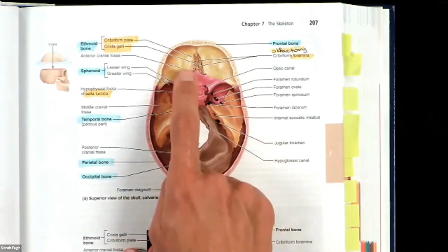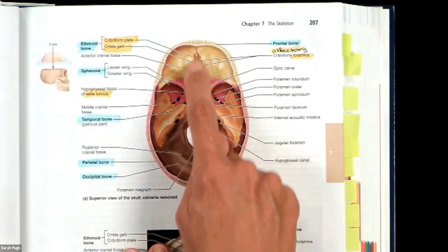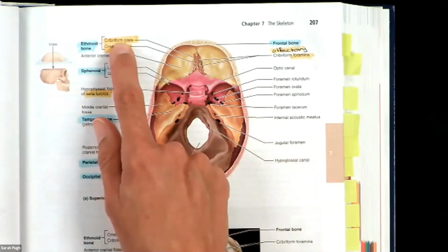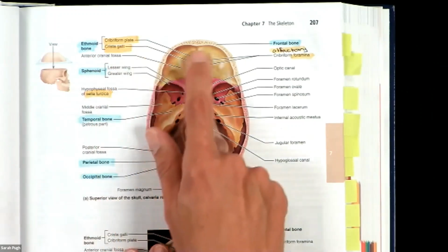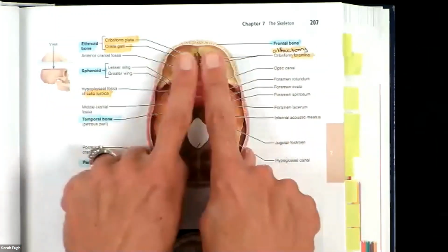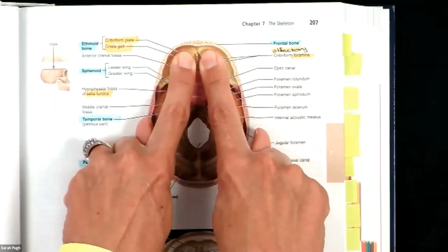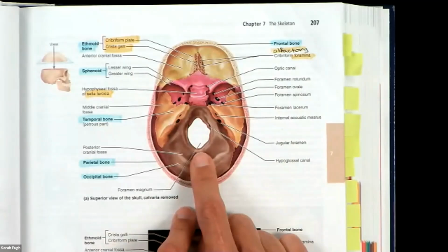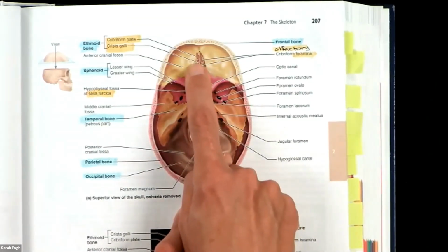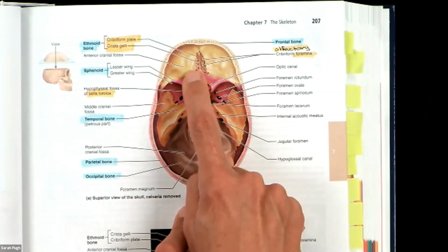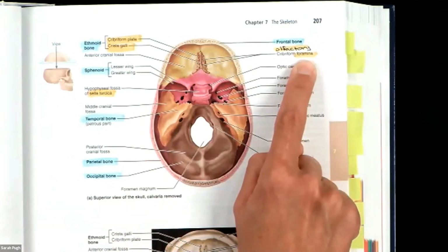Now you also have this plate down here next to the crista galli called the cribriform plate. That's what the olfactory nerve is sitting on. Now if you look at the cribriform plate, you see all those little holes in there? Your book calls them cribriform foramina.